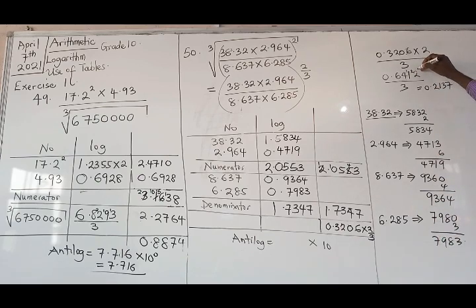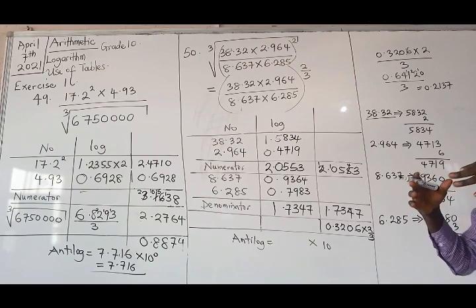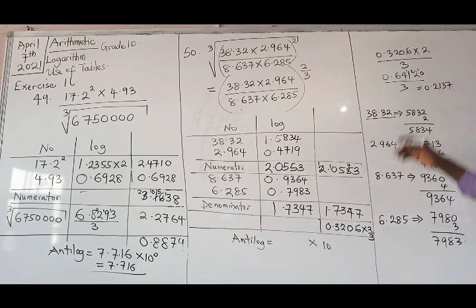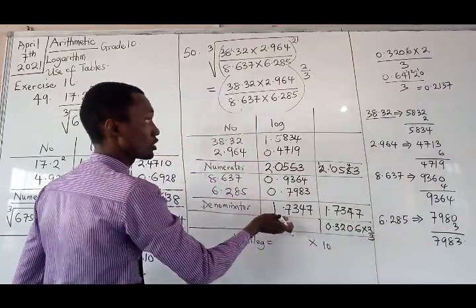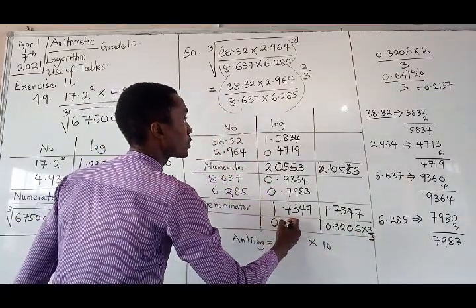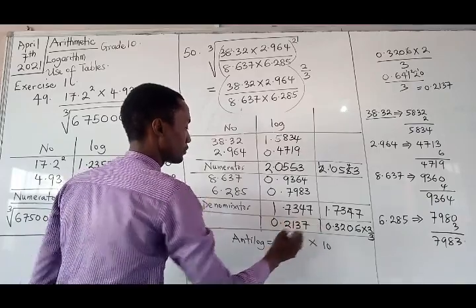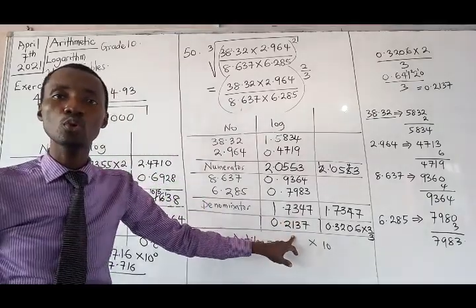Now there's supposed to be an invisible 1 here into 0, so it's not up to 5, so we can ignore it. So our answer becomes, whatever I get here, I'll transfer to this point: 0.2137. This is what I'm now going to use to look for my anti-log.